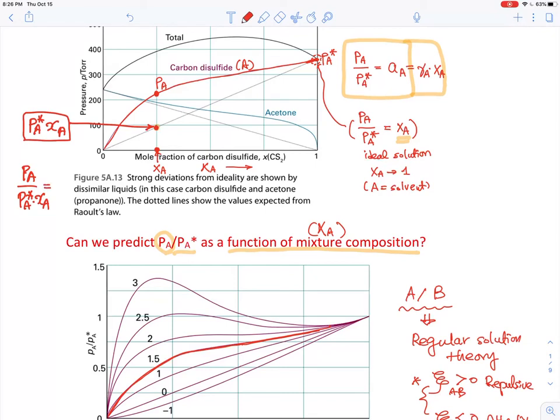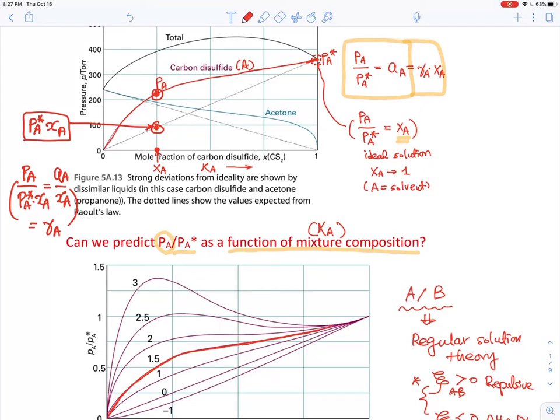That will be essentially the activity of A divided by the mole fraction of A, so the ratio between these two values is essentially gamma A. Therefore, when the actual value is the same as the ideal value, gamma A is 1.